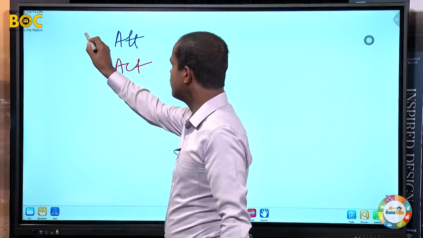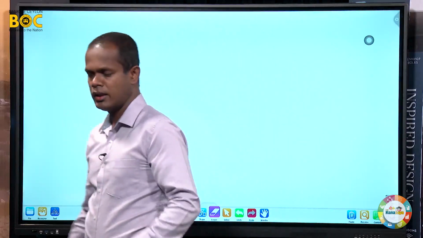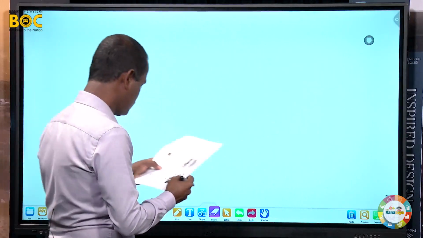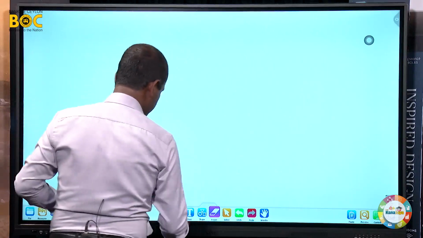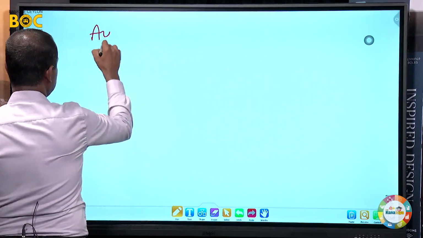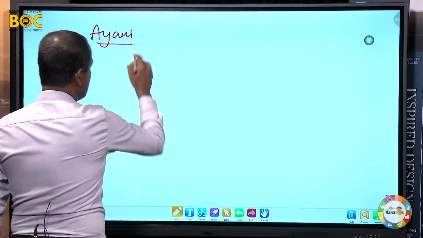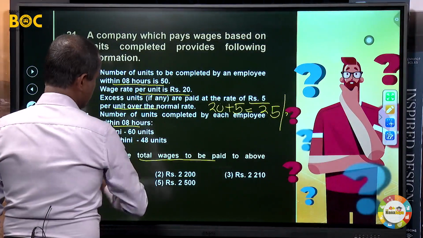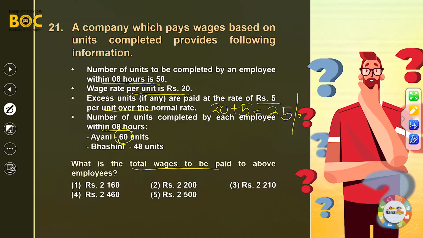So we have 2 employees, Ayani and Bashini. Ayani has completed 60 units, but standard production is 50.